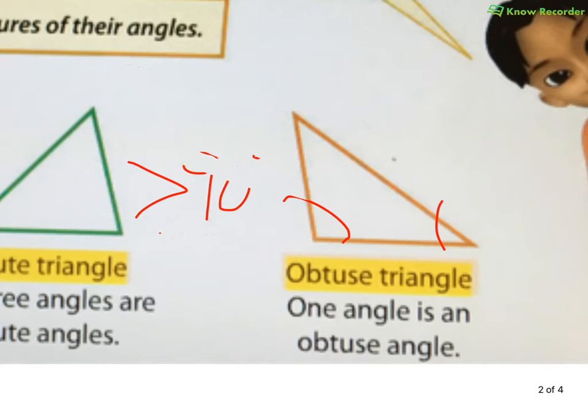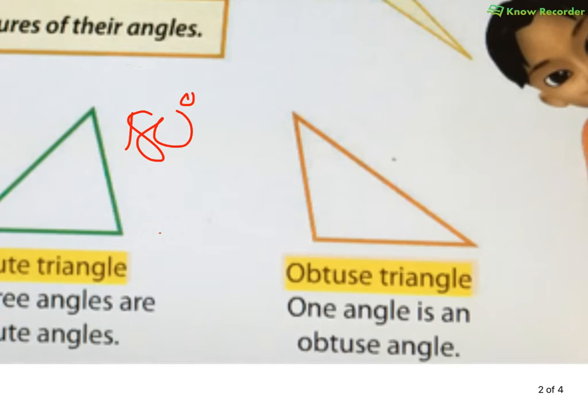The reason being, you need to know that every triangle, no matter what triangle it is, has 180 degrees worth of angles in it. If you add up all of the angles, it will always equal 180. That's important because triangles have three vertices, three points where they meet.